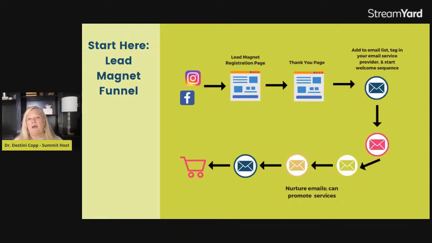On your Instagram or Facebook account, you're going to have a link that sends somebody to your lead magnet registration page. This lead magnet can be super simple to start out with. It can be a workbook, a cheat sheet, a checklist, or some type of video, maybe with an accompanying workbook.